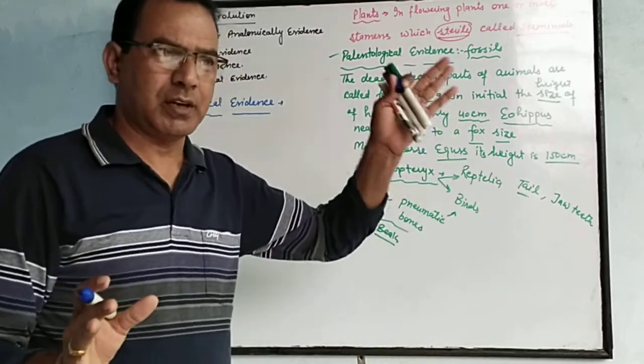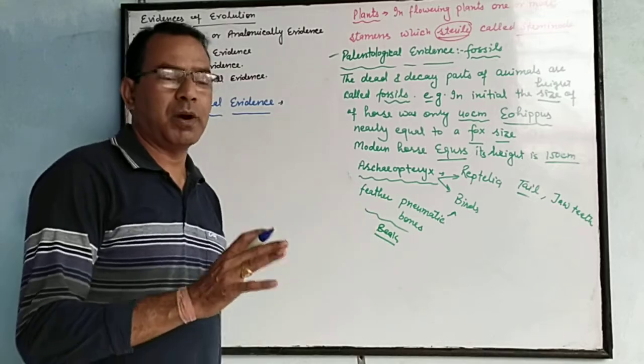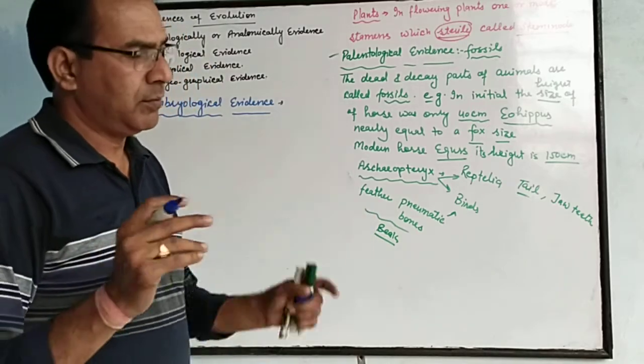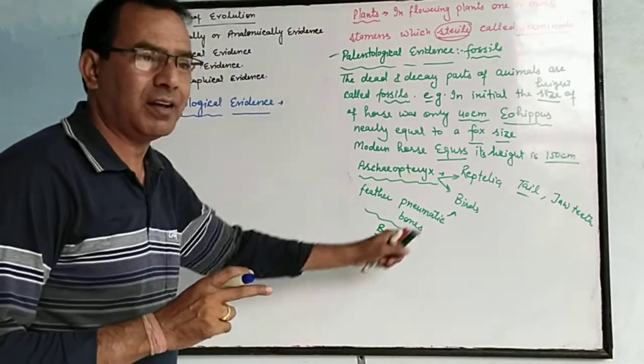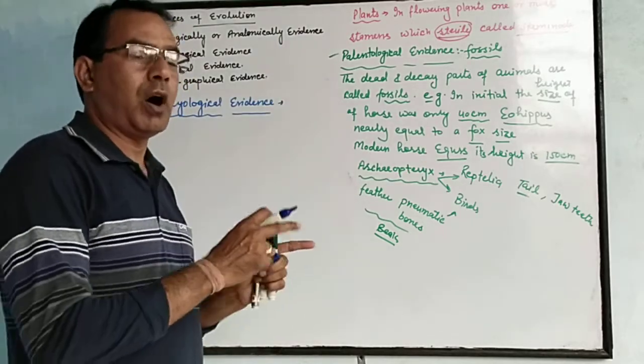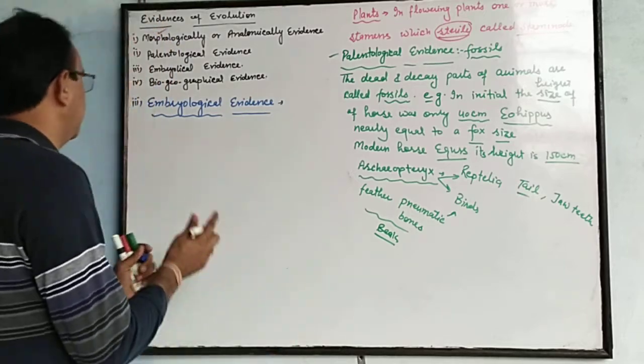They are similar in the embryological stage but different in the adult phase. It means they have a common ancestor. These all are the evidences which show how simple organisms changed into complex organisms.